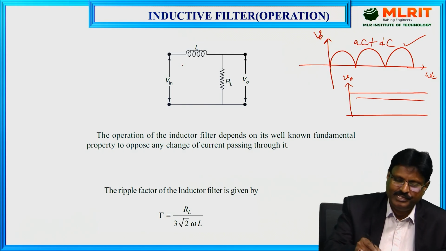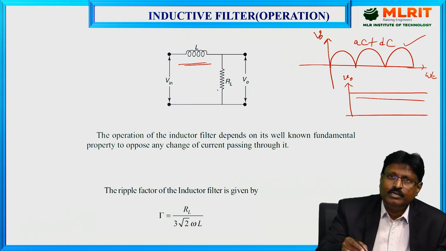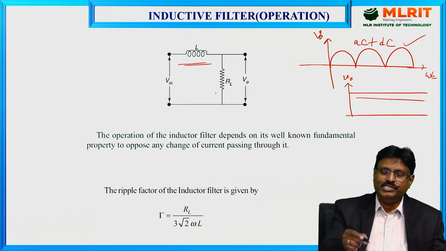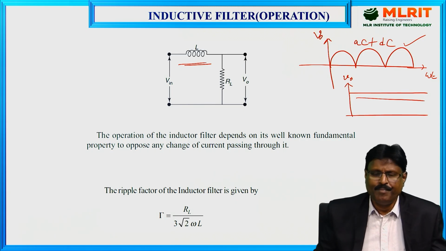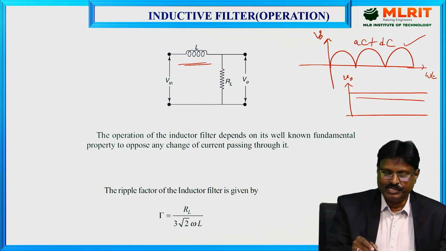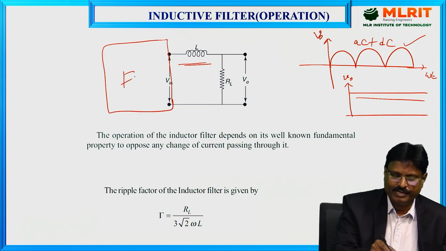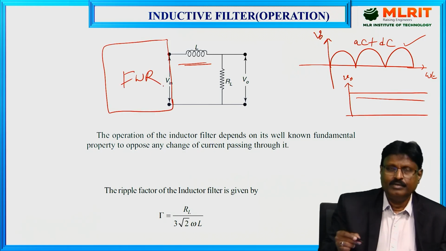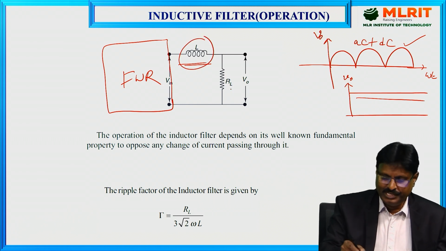This is the inductive filter. It is always connected in series with the load resistance, whereas the capacitive filter is connected in parallel with the load resistance. Here a full wave rectifier circuit is there, and I am connecting an inductive filter in series with RL.